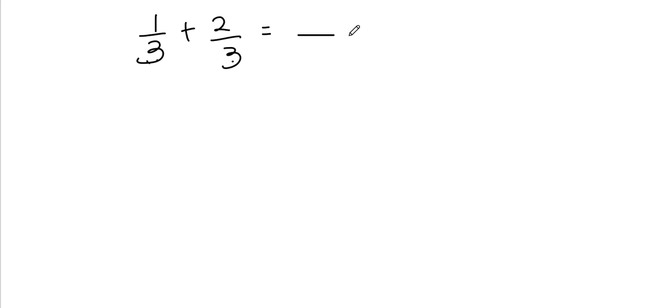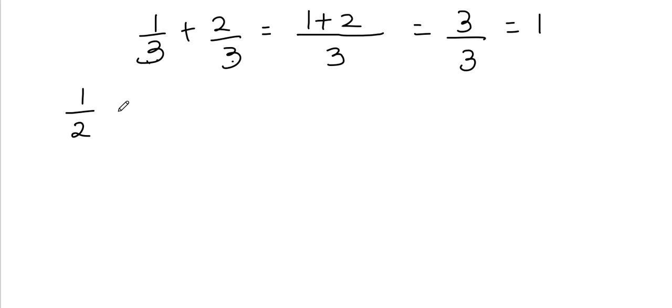When the denominator is the same, you write the common denominator, and then the numerator will be 1 plus 2. So what is 1 plus 2? 3 upon 3, which equals 1. That is how we solve the fraction. Now moving ahead, suppose I have the fraction 1 upon 2 plus 2 upon 3.